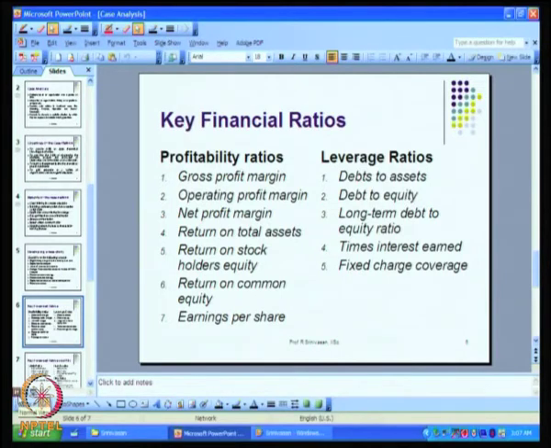We also looked at the liquidity ratios, that is the current ratio, the quick ratio, the inventory to working capital. Then we came to the leverage ratios. In the leverage ratios, we looked at debt to assets, debt to equity, long term debt to equity ratio, then the times interest earned, then the fixed charge coverage.